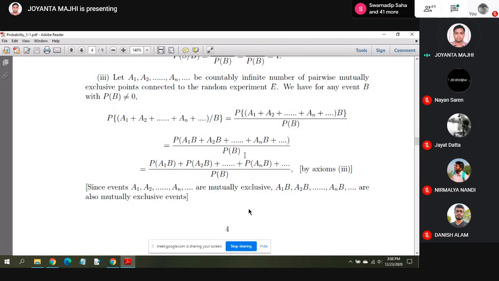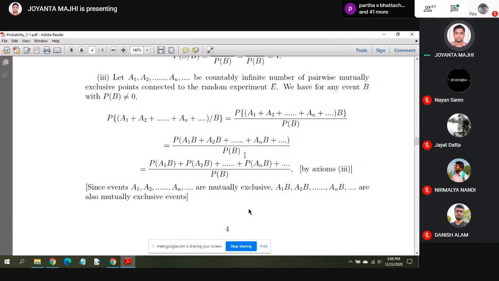I want to say that if A1, A2, dot dot, An are mutually exclusive, then A1B, A2B are also mutually exclusive.